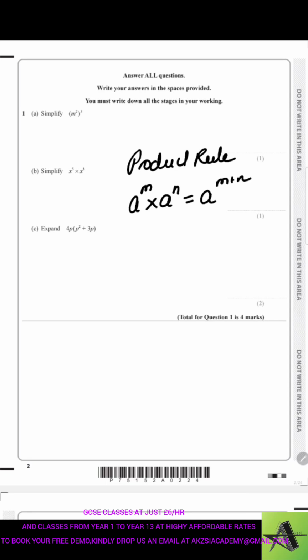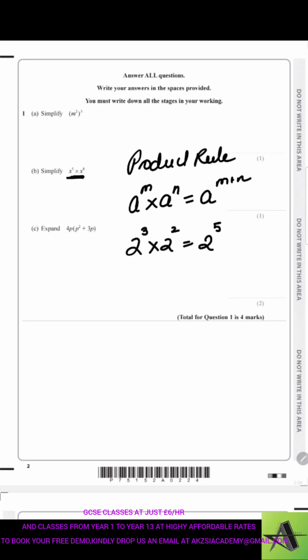That means if there are two different indices and I am multiplying them together, and the base number is the same, then the powers get added. Like 2 to the power of 3 into 2 to the power of 2. Clearly, the base number is the same, so I need to add the powers: 2 to the power of 3 plus 2, which is 5.